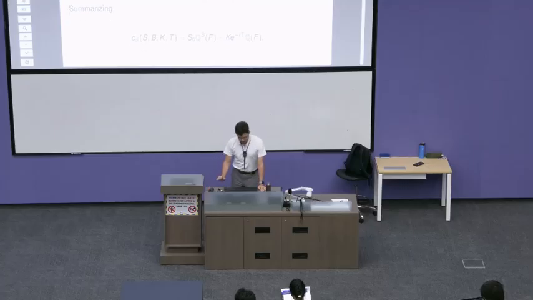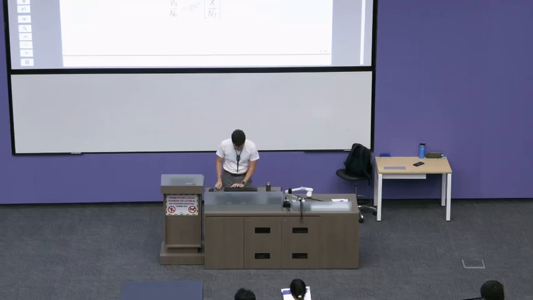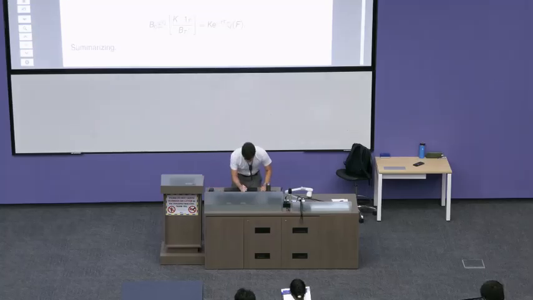It's just a summary of the previous slides. So this is my expression, just to label it correctly. This is my first term, number 1, and this is my second term.